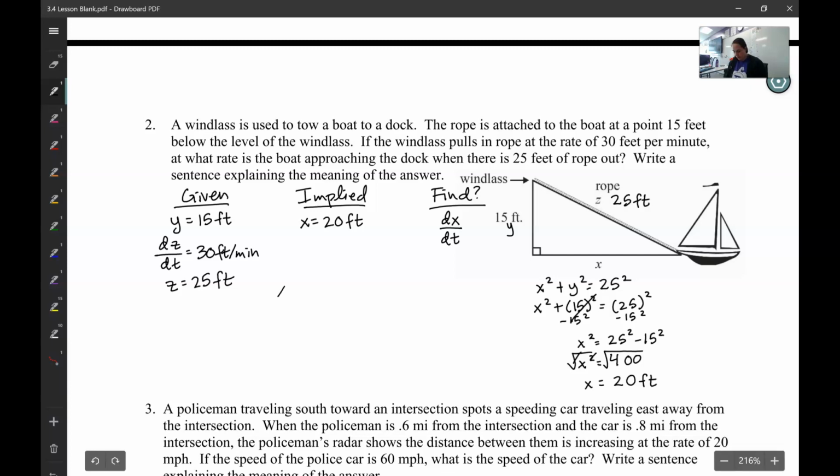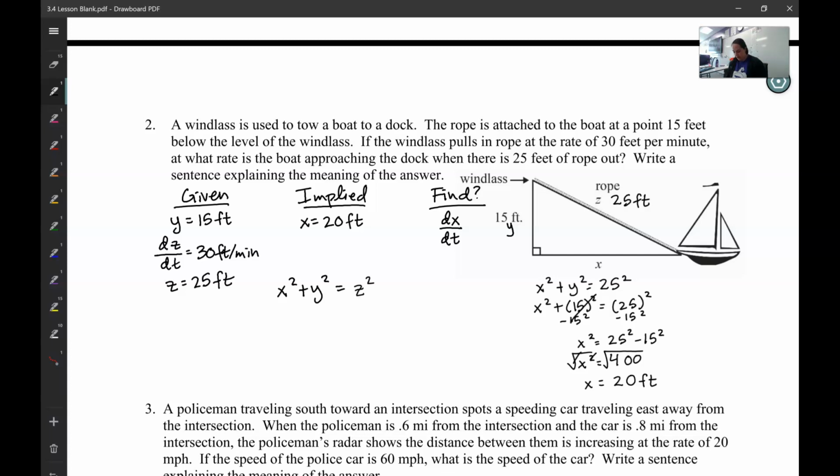So what I'm going to do is take my Pythagorean's theorem again. But this time, I'm going to take the derivative of it. So I find an equation that's going to link all these variables together, in this case the Pythagorean theorem, take the derivative of that equation.